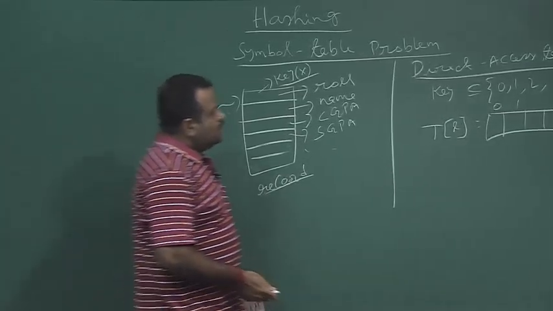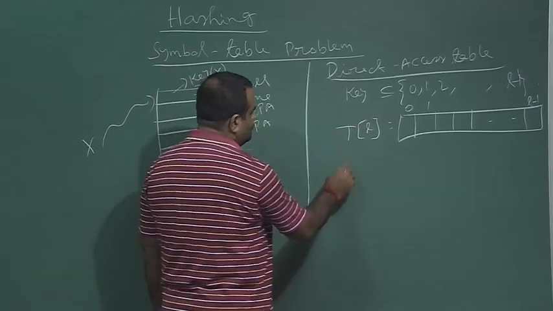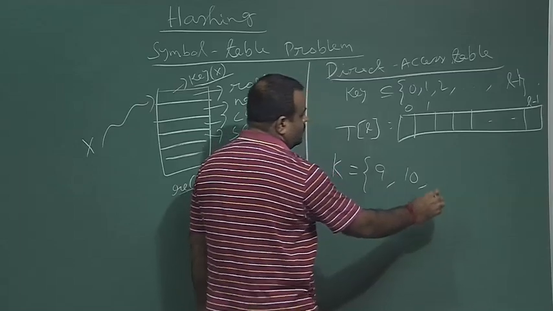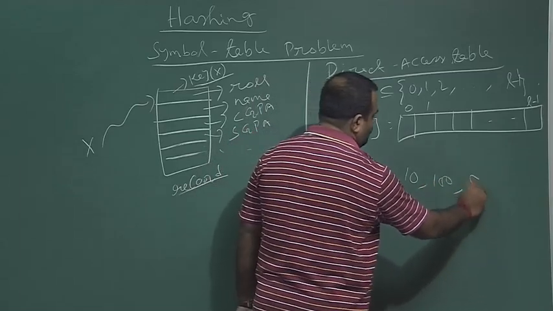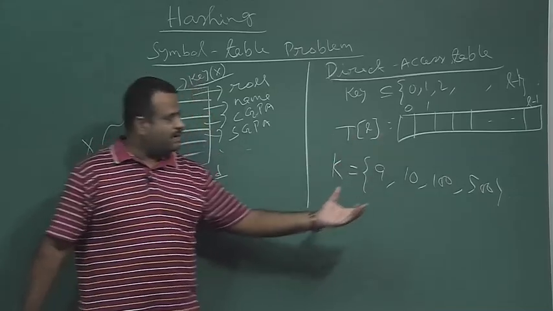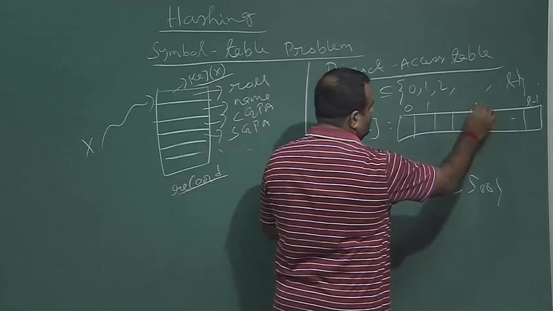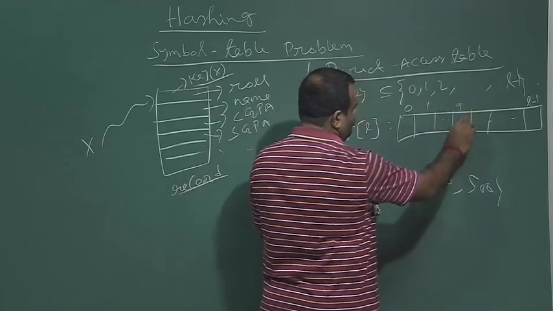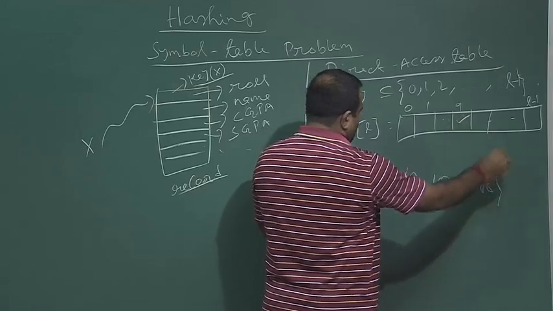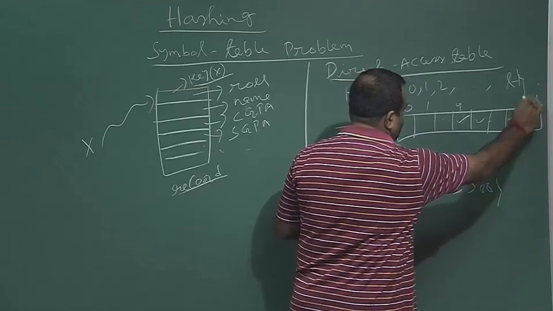Now suppose we have a record set where the key values are 9, 10, 100, 500, like this. In that case we need to maintain an array of size 500, and we put these values in. Suppose at position 9 we put a 1, or we can put the pointer of that record, and likewise for 10, then 100, then 500 somewhere here.